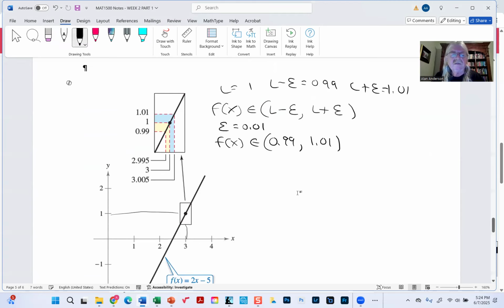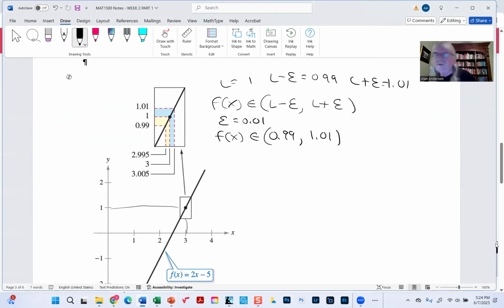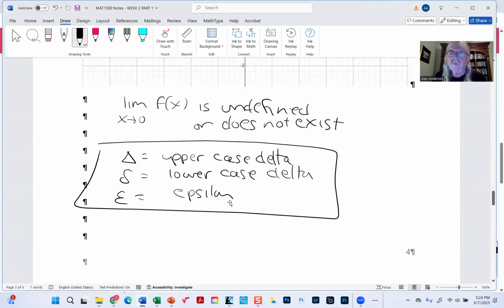Whereas down here, remember, it was written with the following definition.